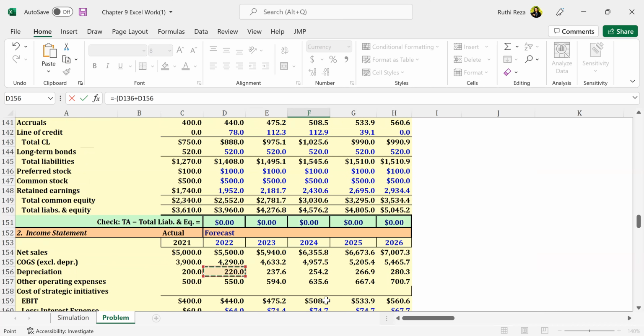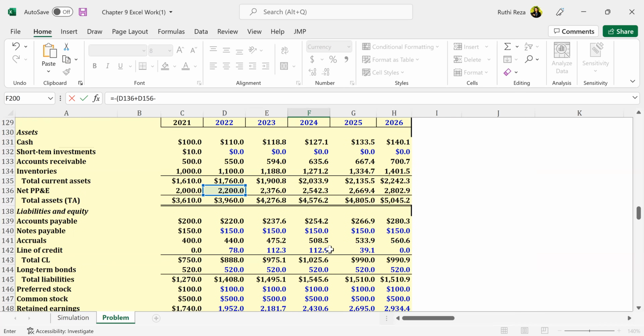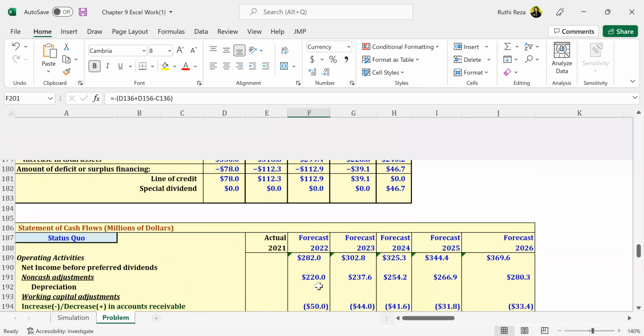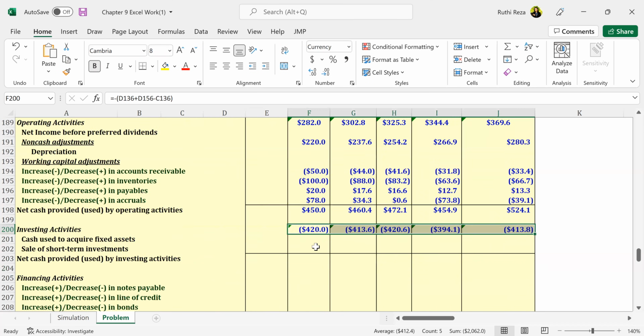So this is how you get your gross PPE minus your net PPE in the previous year. So this is how you get your investment in PPE or fixed assets. If you have multiple fixed assets accounts, then you should actually calculate the same for all the fixed assets accounts.